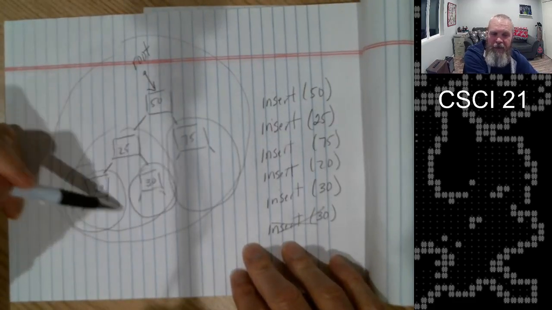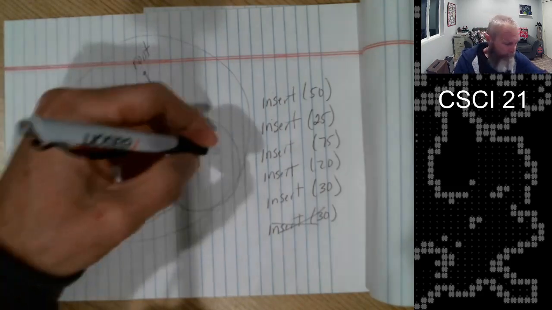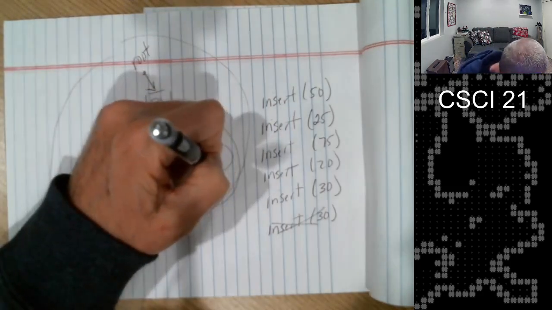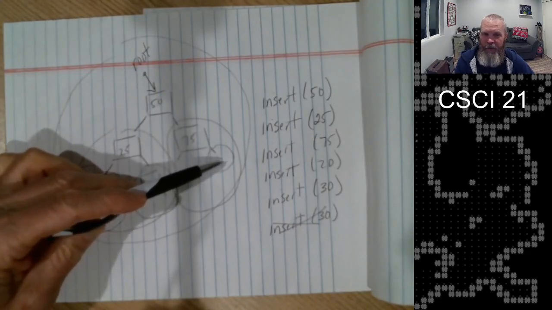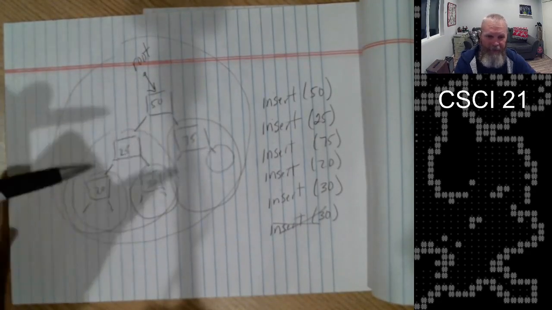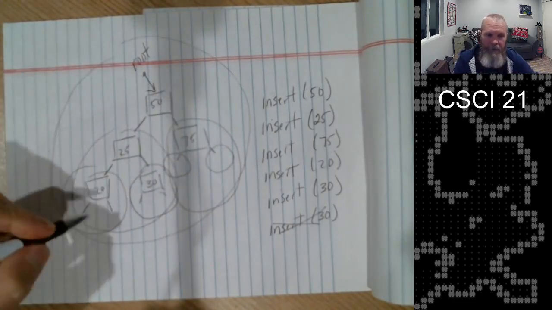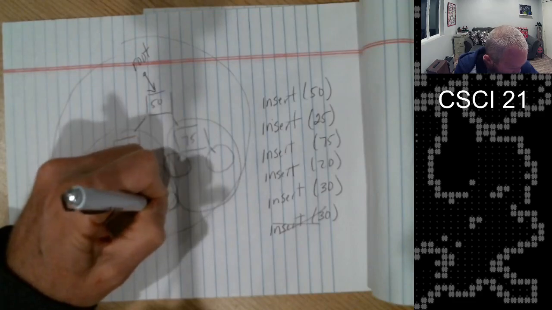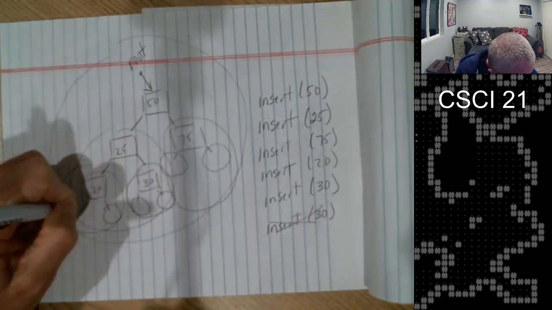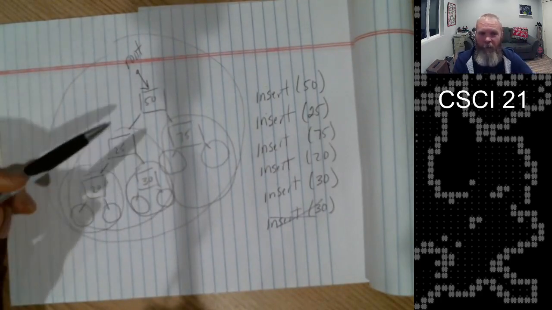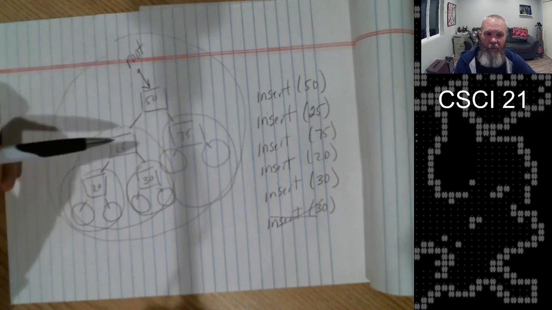So that's all the trees with nodes, but there's actually more trees because this is a tree, but it's empty yet. It doesn't yet have any residents in it. This is a tree that's empty. This is a tree that's empty. This one's empty. This one's empty.